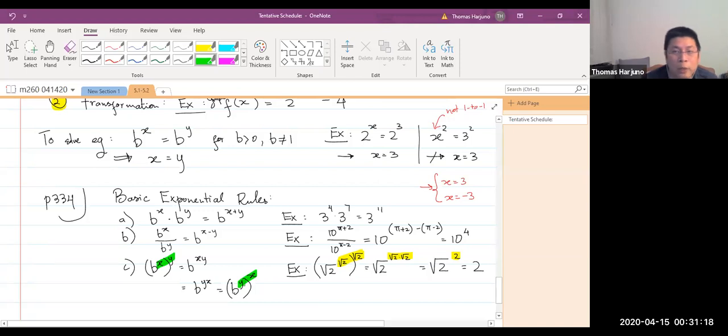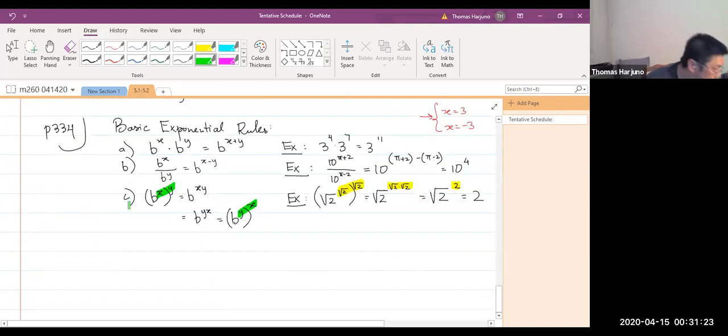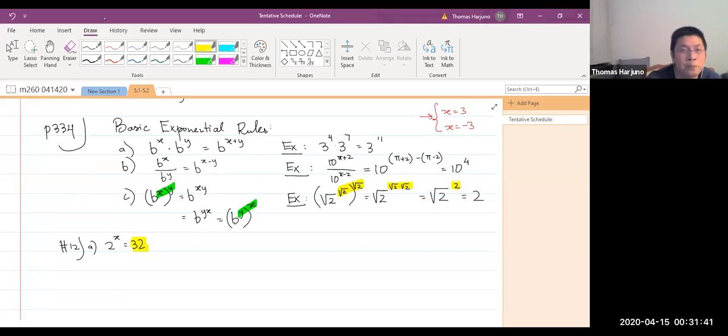Now, with this knowledge, we should be able to do questions, for example, number 12. Part A: 2 to the x equals 32. The way we solve this, you need to rewrite 32 with base 2.